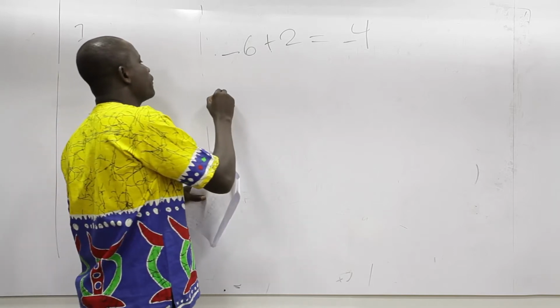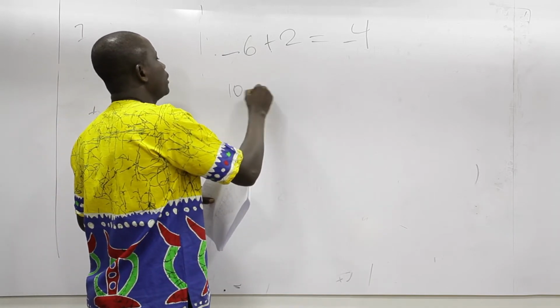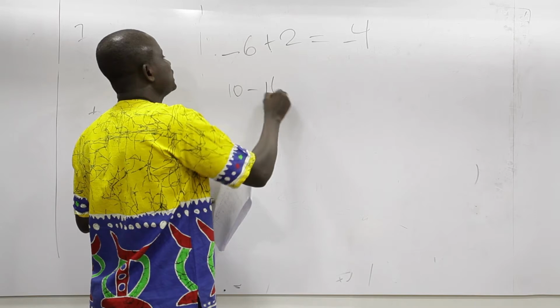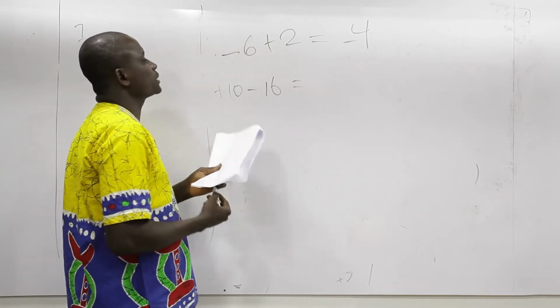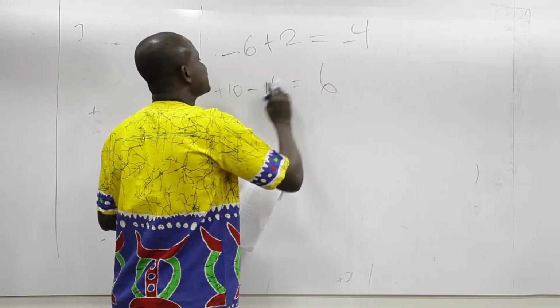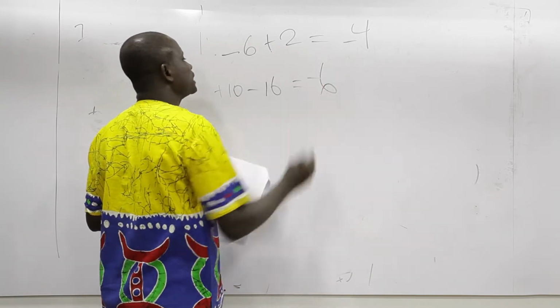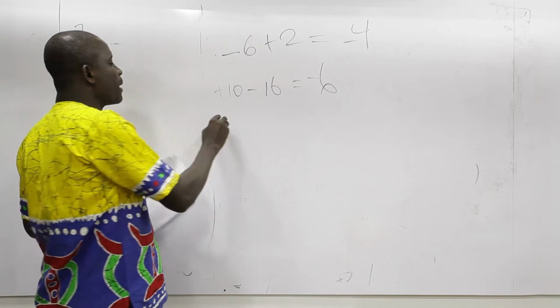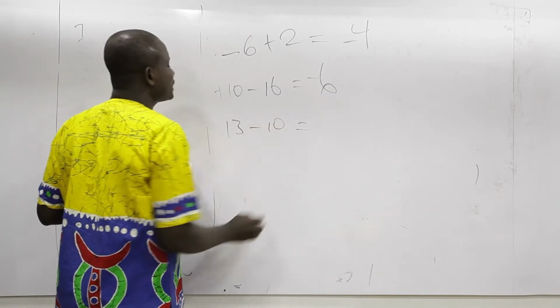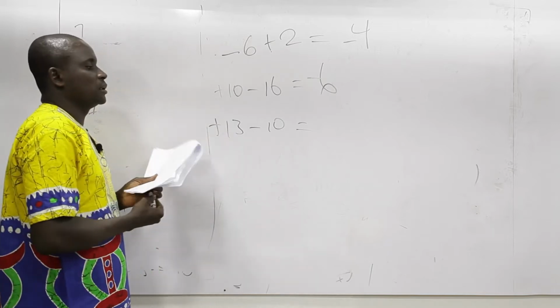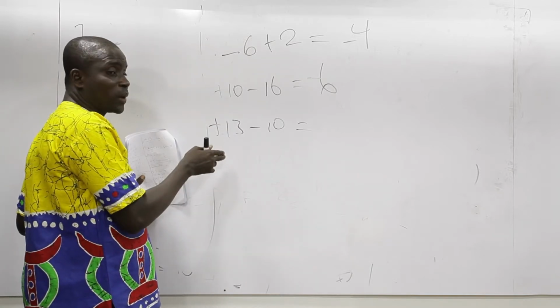Okay? So if I'm having, let's say, 10 minus 16, what is the answer? Still, it is positive and negative here. When you subtract, you are going to get 6. And the sign against the greater number is what? Negative. But if I'm having, let's say, 13 minus 10, what is the answer? Remember, here is plus. So the greater number here is what?